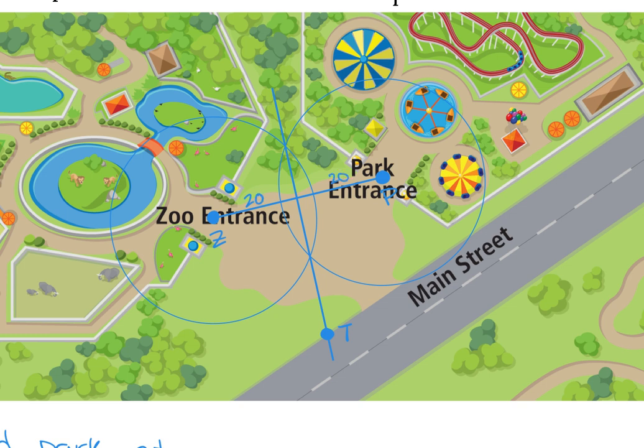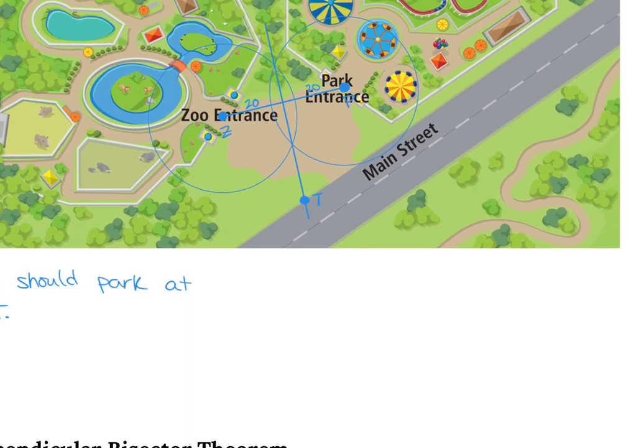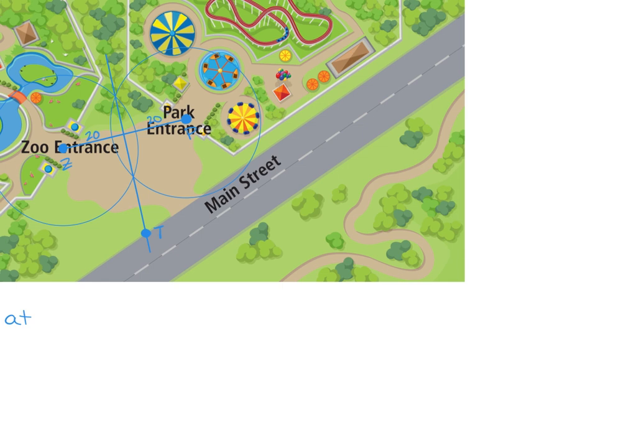We're going to use the Pythagorean theorem to find how far away he should be parking. Okay, so again, our Pythagorean theorem, we would have a squared plus b squared equals c squared. Our c squared is our hypotenuse. If I've got my triangle, let me go ahead and sketch out a triangle.